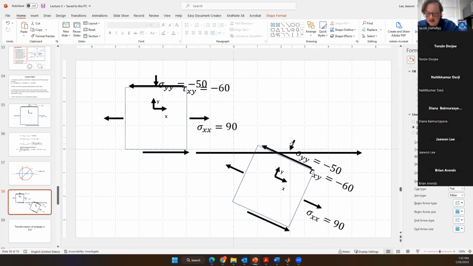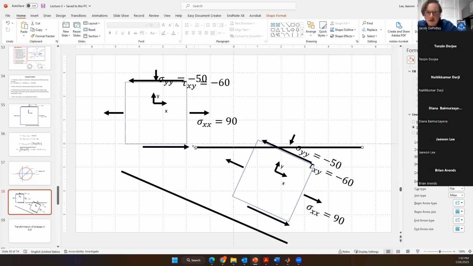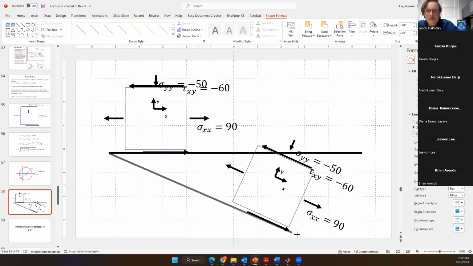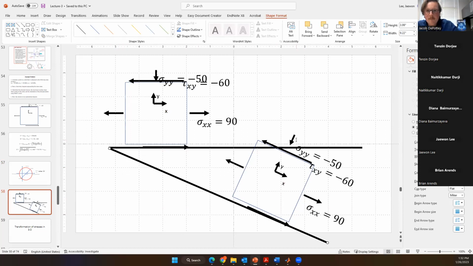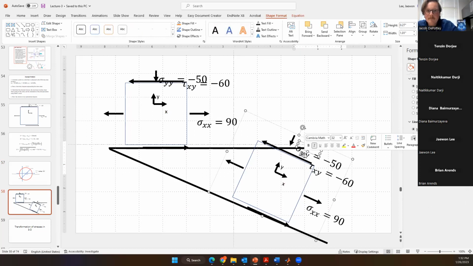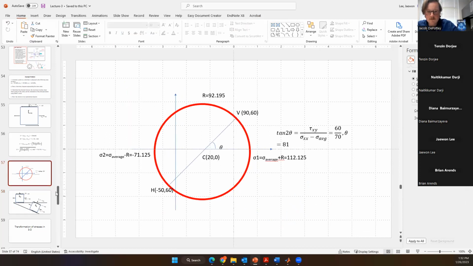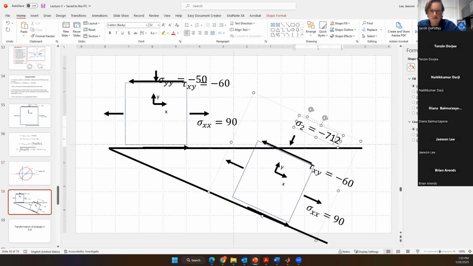So it means theta 2 is its value, minus 71.125.